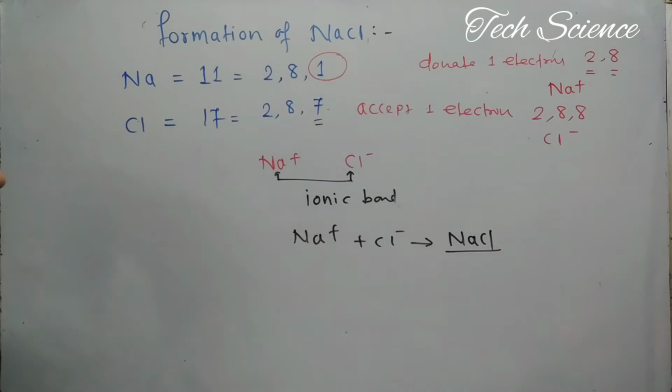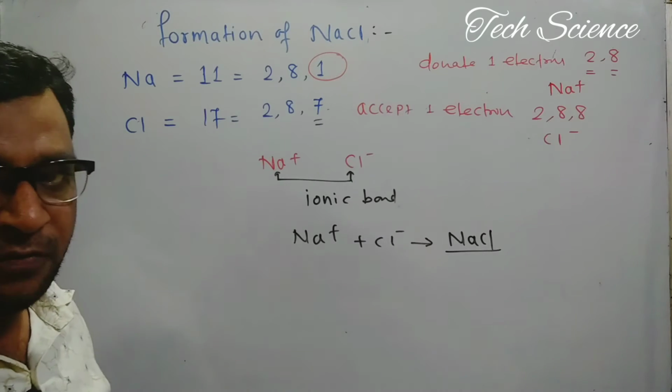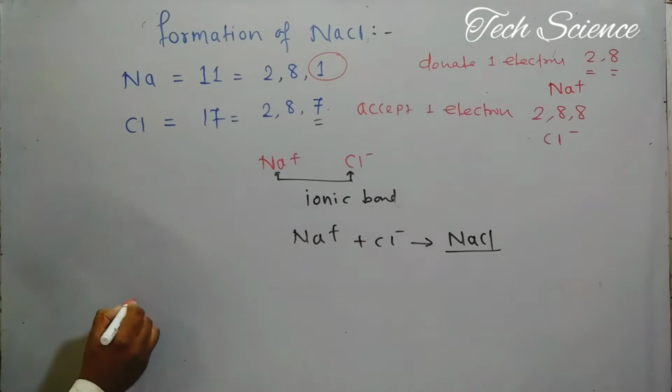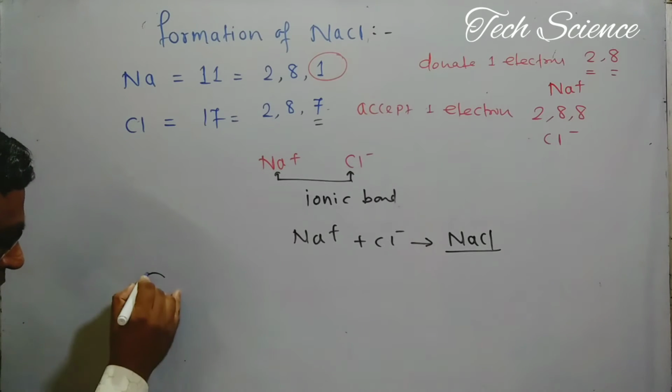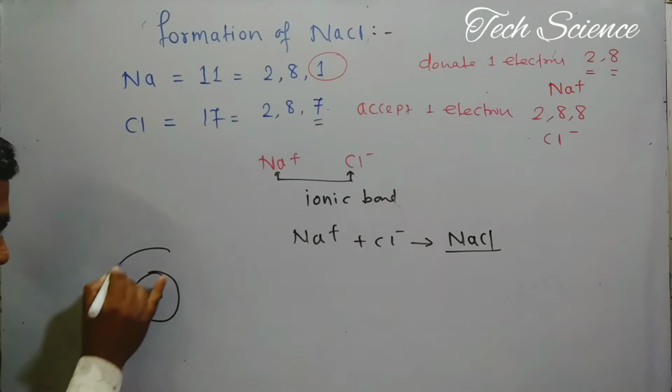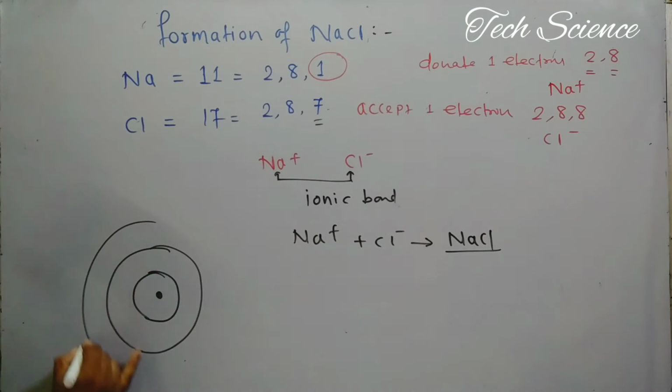If you want to draw the diagram regarding the formation of NaCl, it's very easy. How? Observe, this is the diagram of sodium, in which this is the nucleus, this is the first orbit, this is the second orbit, and this is the last orbit, the third orbit.